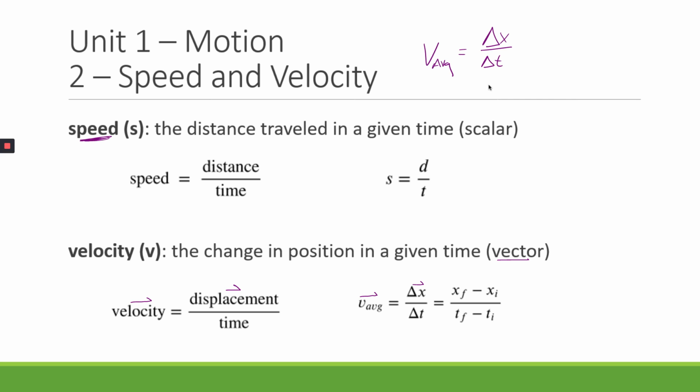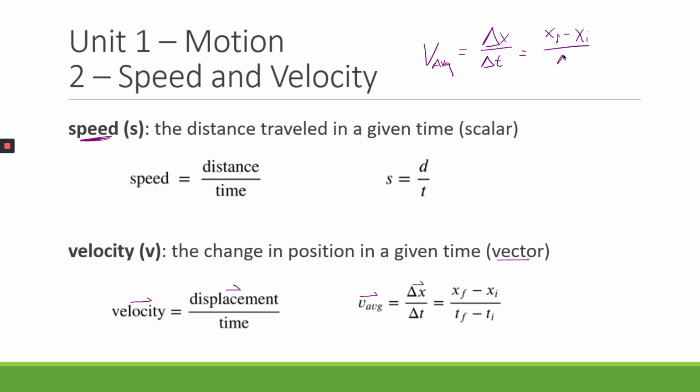Now, time, if we're talking vectors and scalars, is that a vector or a scalar? You can't have time left and time right. So that's just a scalar value, so we don't have to worry about that as much. Now, delta x would be your change of position, right? So your position final minus your position initial.